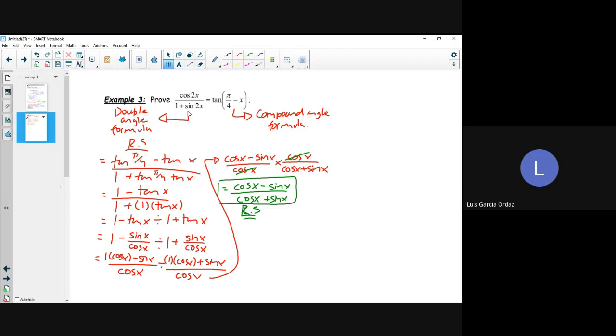All right, so now let's look at our left side. So in our left side, we have cos 2x minus sine 2x over 1 plus sine 2x. So we know we have double angle formulas. What is the double angle formula for cos of 2x?